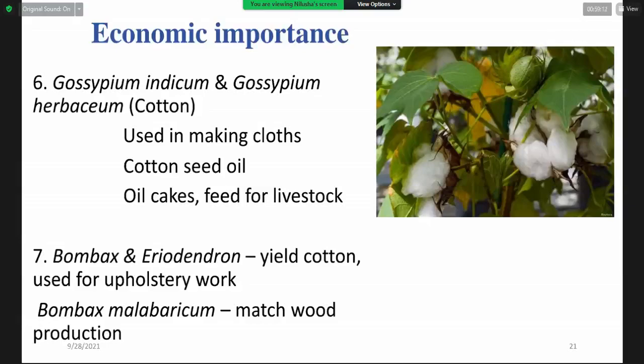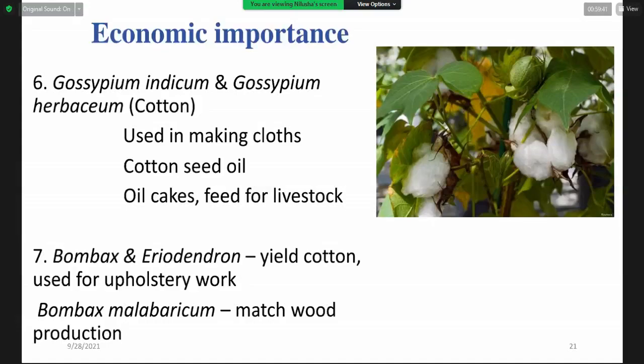Next one is Bombax and Eriodendron, which yield cotton used for upholstery work. Upholstery means making furniture with padding and seats.